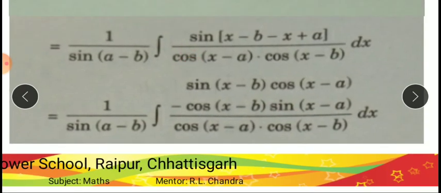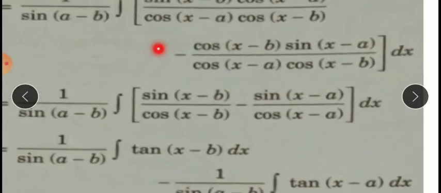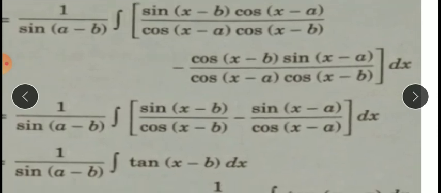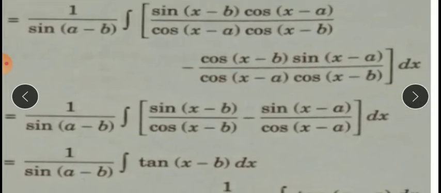You can see that numerator is containing cos(x minus a). Denominator is also containing cos(x minus a). Then we have to separate the terms. I is equal to 1 upon sin(a minus b). Numerator is containing two terms, each term upon denominator. See, this is the first term, denominator is as it is, minus this is second term, denominator is as it is.